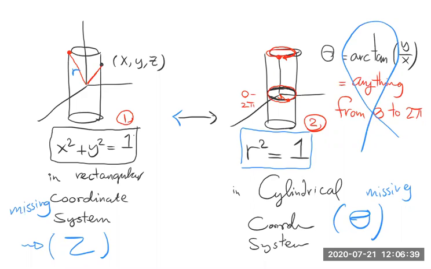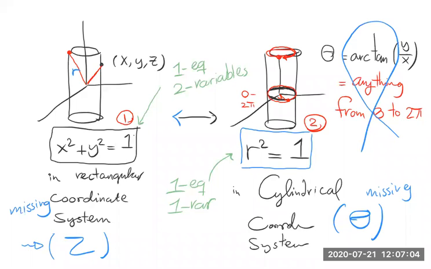That is correct. Why? Because here we have one equation, two variables. Here we have one equation, one variable. And if you do math or physics or engineering, pretty soon you would know how much it really matters.